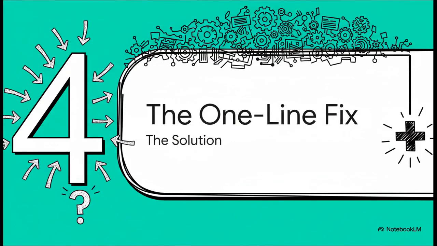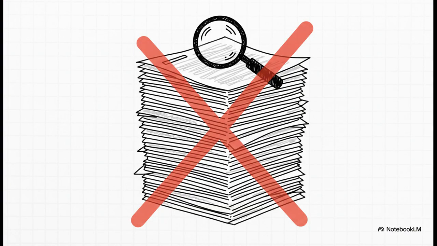Okay, so after all this deep, complex investigation, you'd probably expect some super complicated solution, right? Well, that's the most beautiful part of this whole story. The fix was surprisingly, almost absurdly simple. The answer wasn't buried somewhere in that massive 400-page translation file.